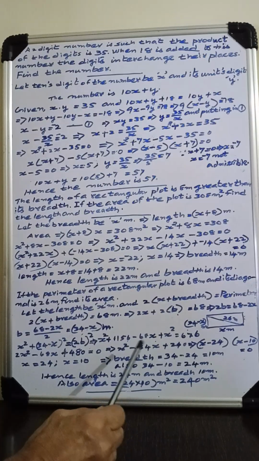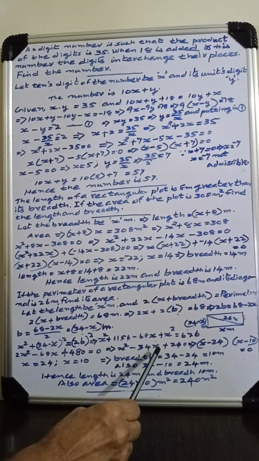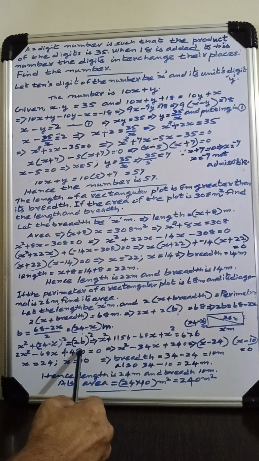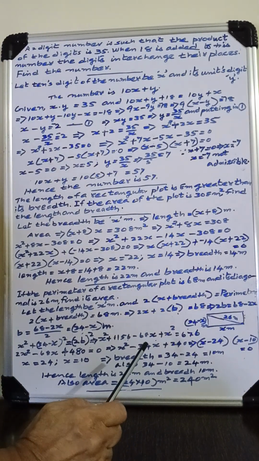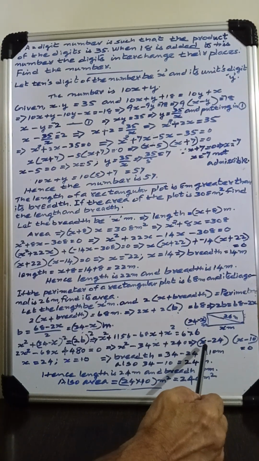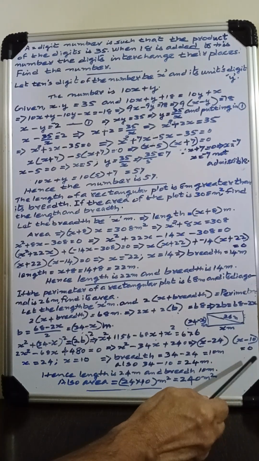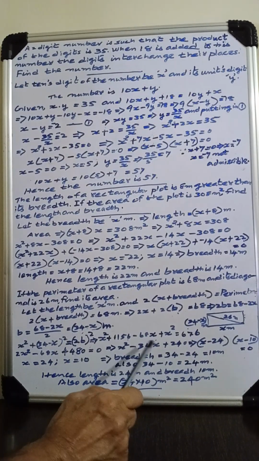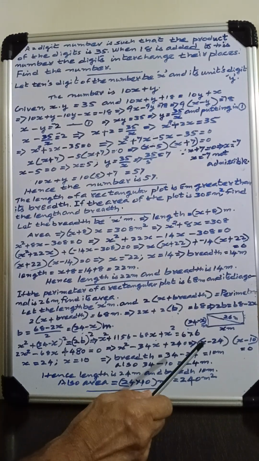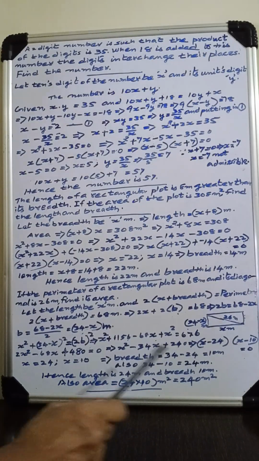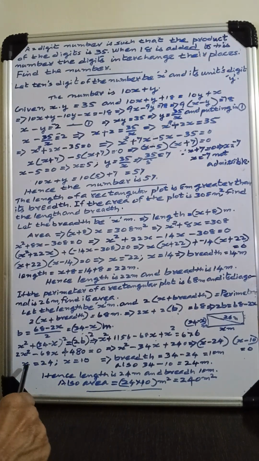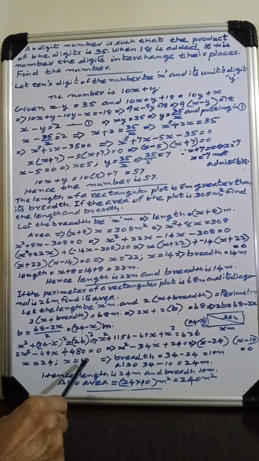That is x squared minus 34x plus 240 equals 0 when 2 is taken common outside. When factorized, x minus 24 into x minus 10 equals 0. Minus 10 and minus 24 makes minus 34, minus 24 into minus 10 gives plus 240. Therefore, x equals 24 and x equals 10.